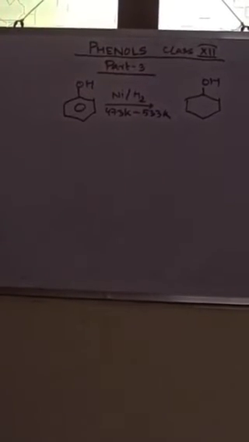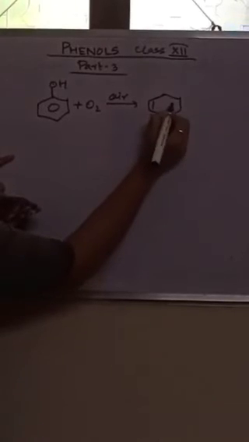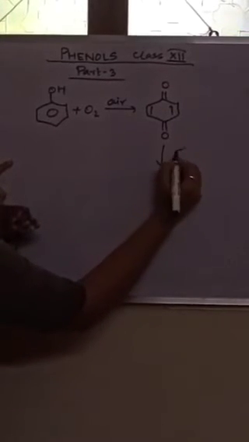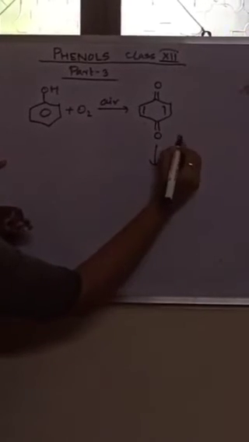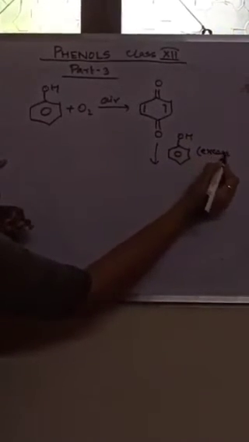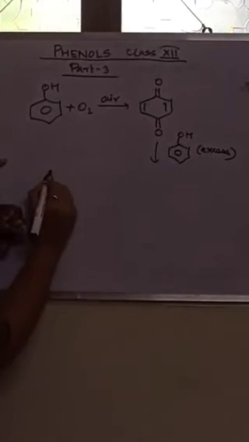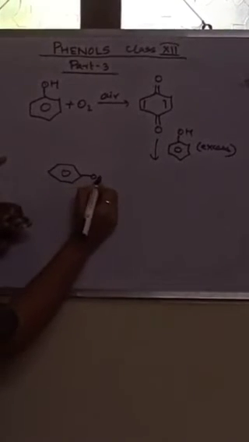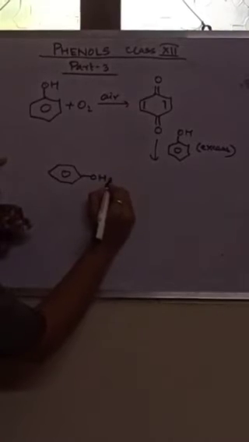There are three oxidation reactions. First is atmospheric oxidation. Phenol in presence of air and light will result in the formation of para-benzoquinone, which in presence of excess phenol will result in the formation of a red colored addition product which is known as phenoquinone.